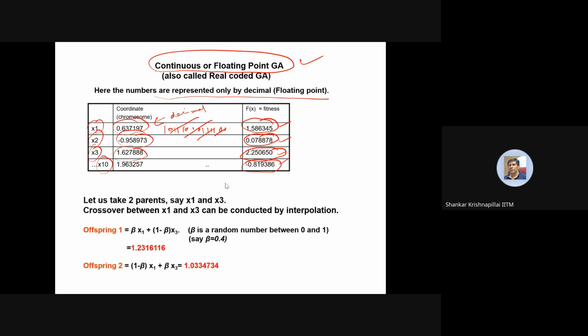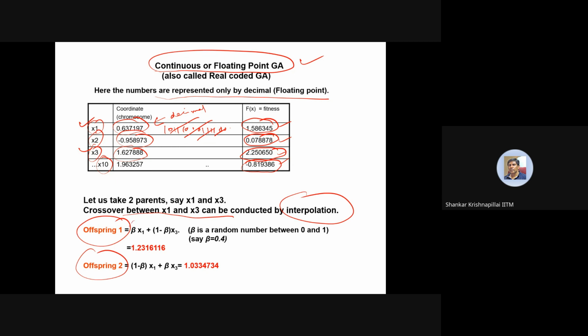Now let us take two parents, say x1 and x3. These are two of the best parents in the list. How do you do the crossover or the mating between them without using binary numbers? What is done is an algebraic interpolation between the two numbers, and offspring 1 and offspring 2 are obtained.